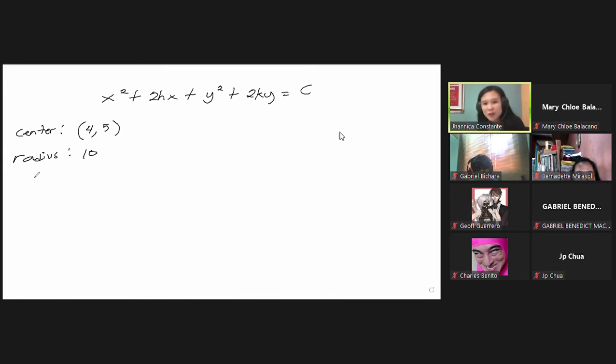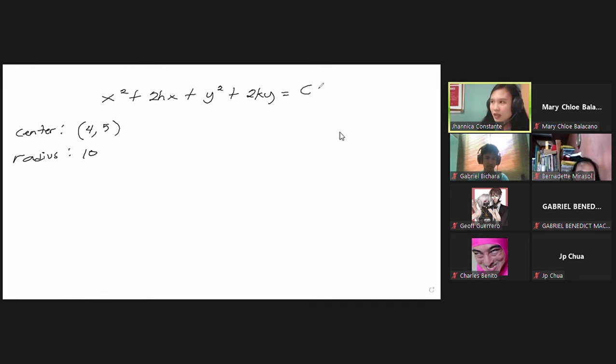For example, that is our given, the center which is 4 and 5, and a radius of 10. And we're going to write the expanded form of the equation of the circle, given the center and the radius.